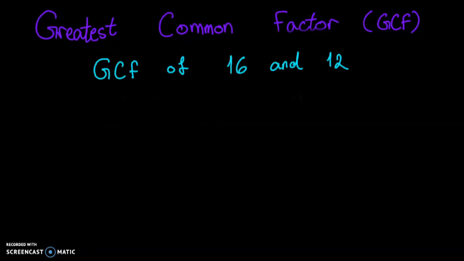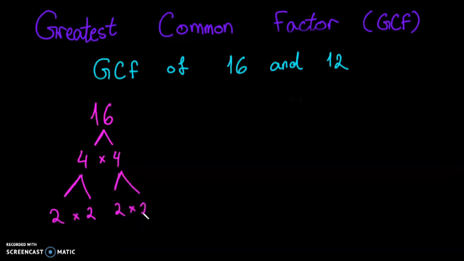Now let's try to do it with the prime factorization method. So 16 can be separated 4 times 4. 4 can be written as 2 times 2, and this 4, 2 times 2. And 2 is a prime, so we cannot separate it.